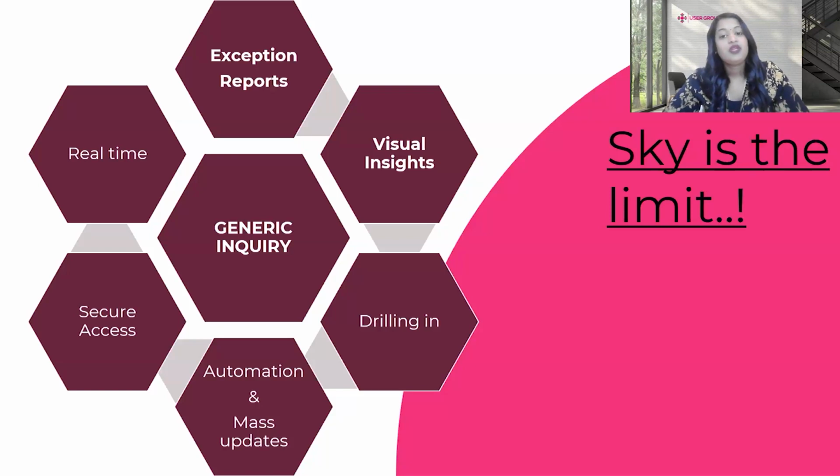From there you can also use features like automating, so you can automate the releasing of certain information, or emailing, printing, and also use mass updates. It's a great feature on generic inquiries to be able to mass update your data, and mass actions as well.